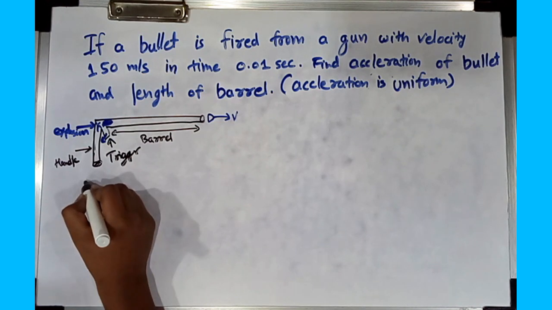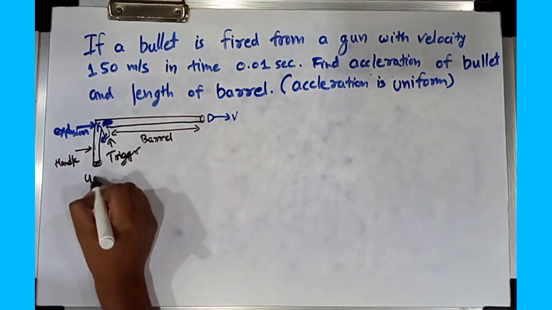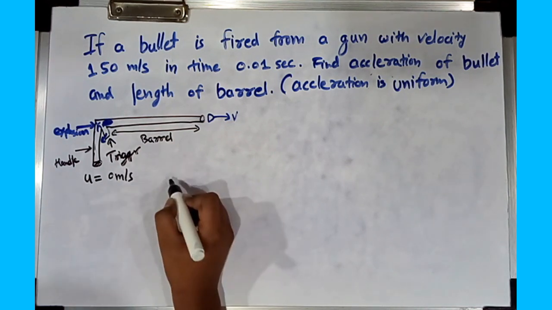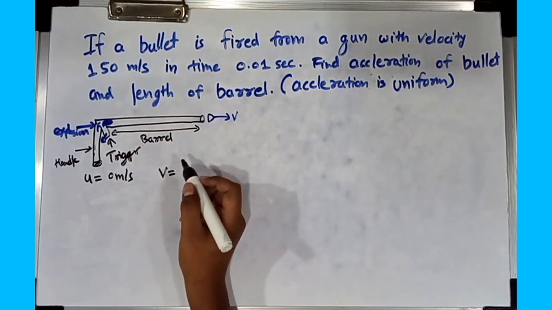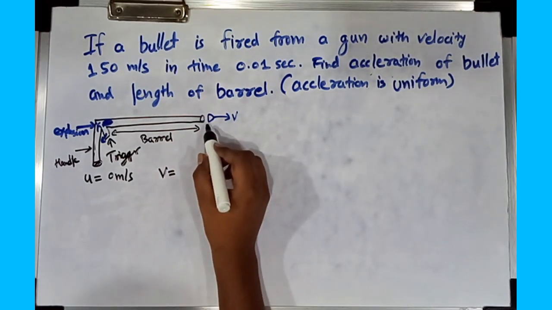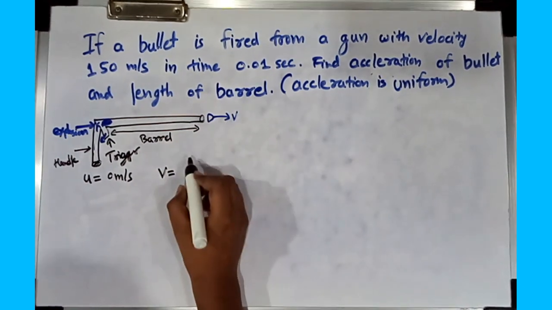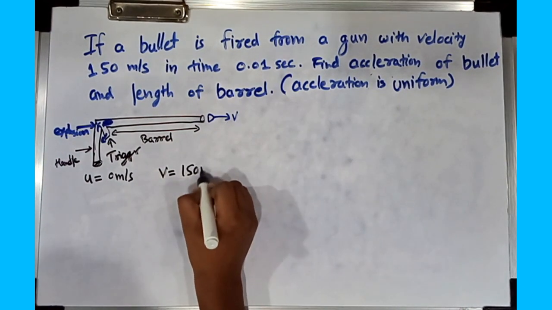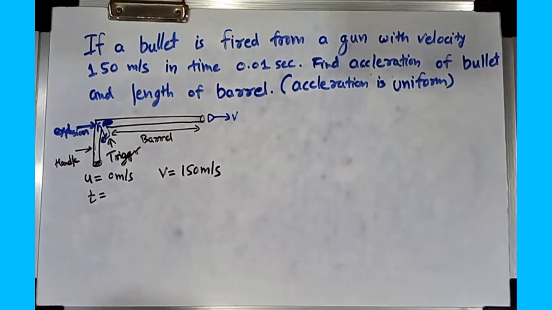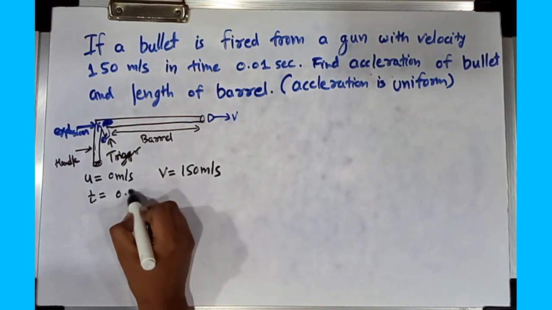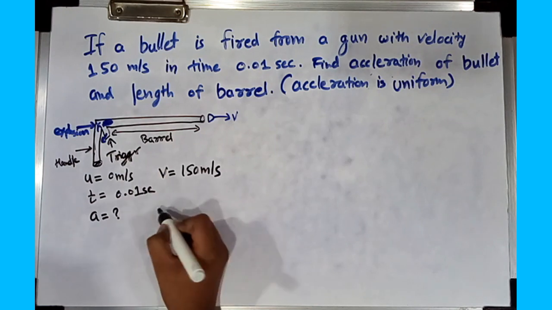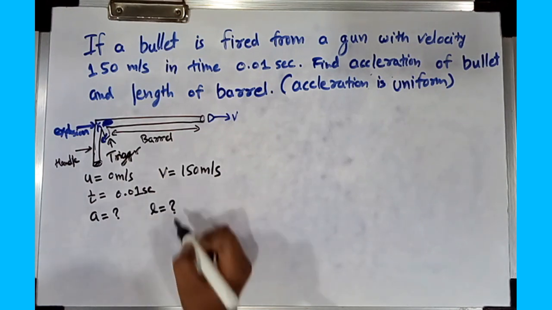So from that we can write u, the initial velocity of the bullet, as 0 meters per second, and the final velocity, which is the velocity after the bullet is fired, is given as 150 meters per second, and the time period for this to happen is 0.01 second, and we have to find the acceleration of the bullet and the length of the barrel.